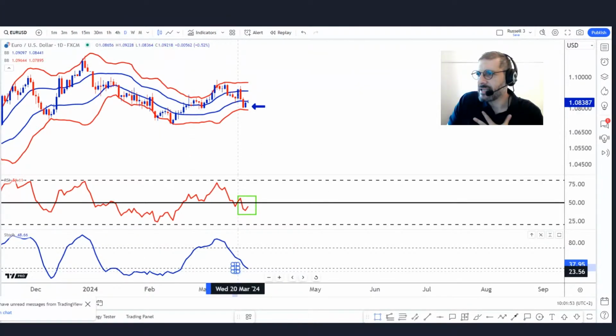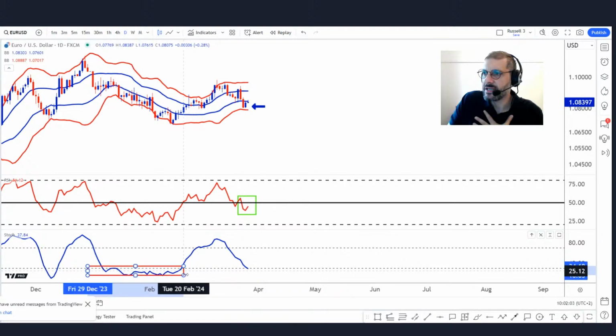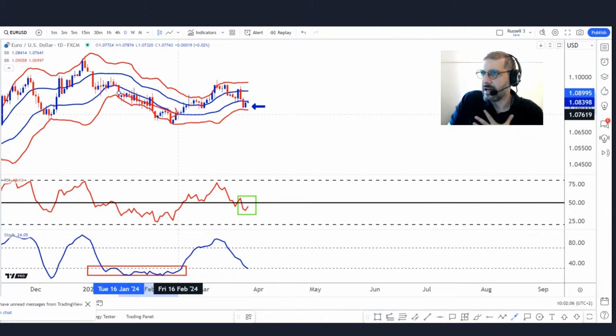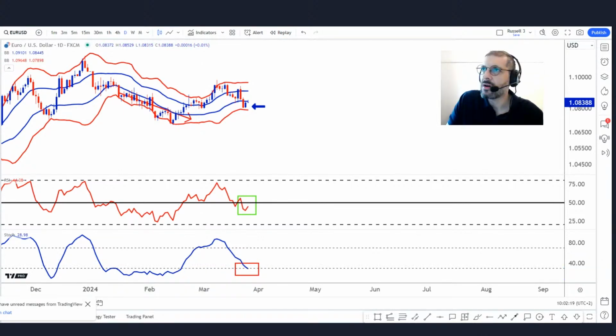It's moving into the lower quintile, and if we go into the lower quintile and we hold there, as we do, then we will likely get a swing down. So we may be at the beginning of a euro US dollar swing. Let's see the hourly chart and see if there are some crossovers that we can take advantage of.